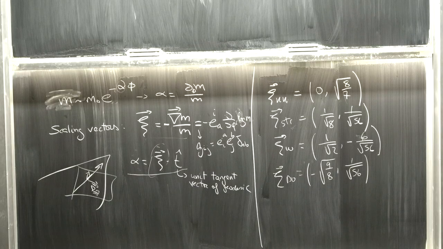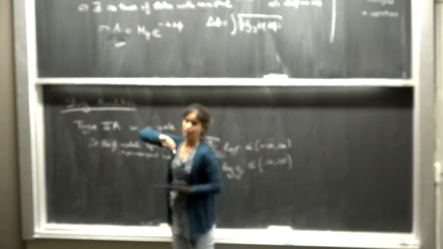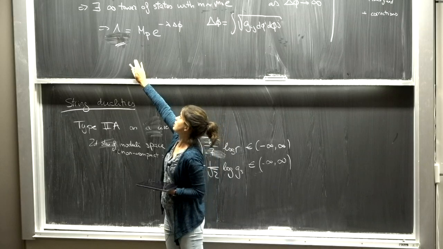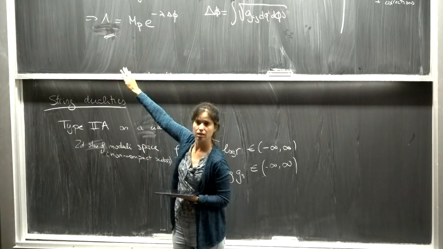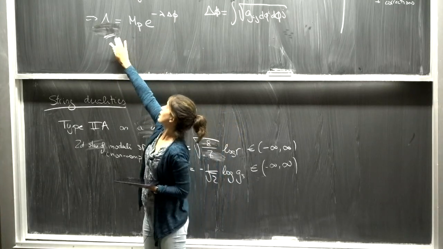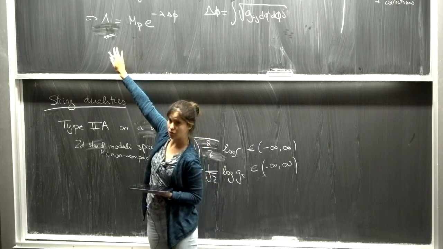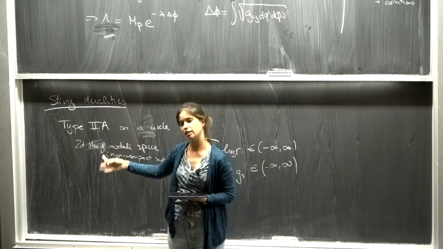That also goes in line with what I discussed the last day, for instance from the bootstrap. You can try to understand what this cutoff is, where Einstein gravity fails. One of the known results is that there are two options: either it's some sort of Planck scale, or if this lambda is smaller than the Planck scale, this cutoff must be associated to a higher spin gap.